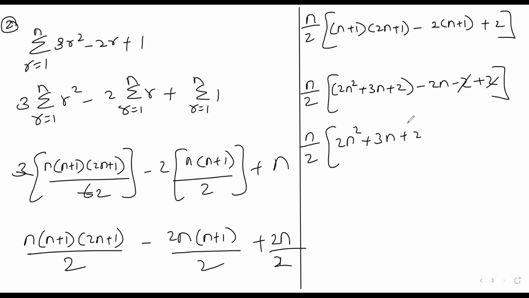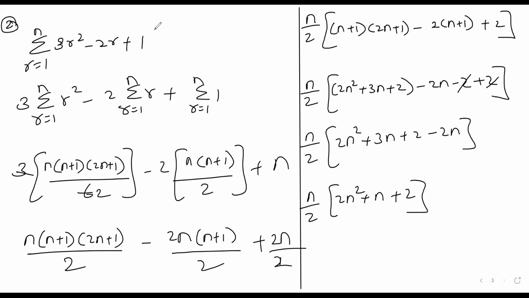Now see this plus 2 cancel. This is plus 2 minus 2n. So n by 2, 2n square plus 3 plus n plus 2. This is our answer.